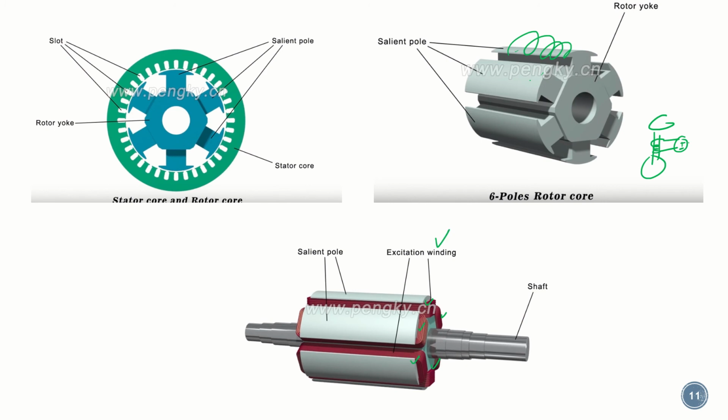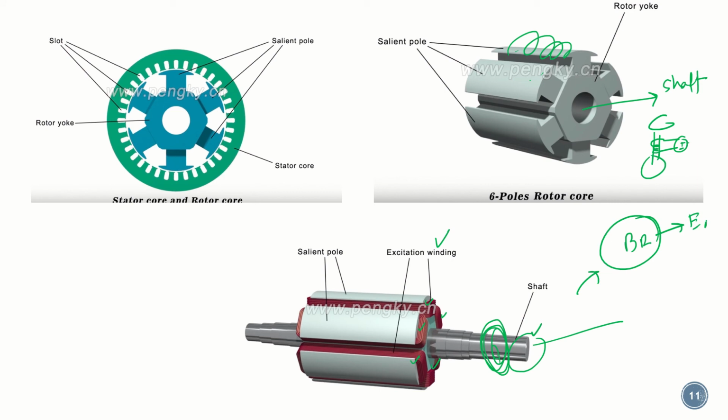Then inside of this we have the rotor shaft, which looks like this, and this is attached with the prime mover, which is rotating this. This becomes the cause of the rotating rotor magnetic field, and eventually it will induce the voltage in the stator coils.